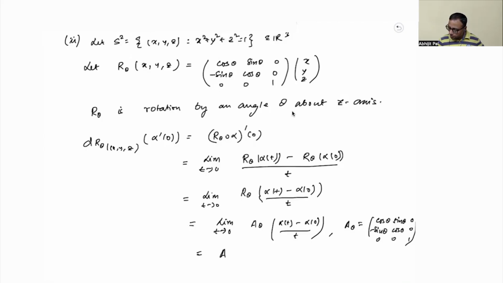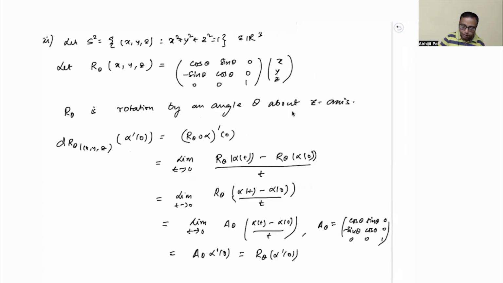So now I have this A theta, this matrix multiplied with this vector alpha prime 0. Okay, so this is nothing but R theta of alpha prime 0. So dR theta of alpha prime 0 is again equal to R theta of alpha prime 0. Okay.